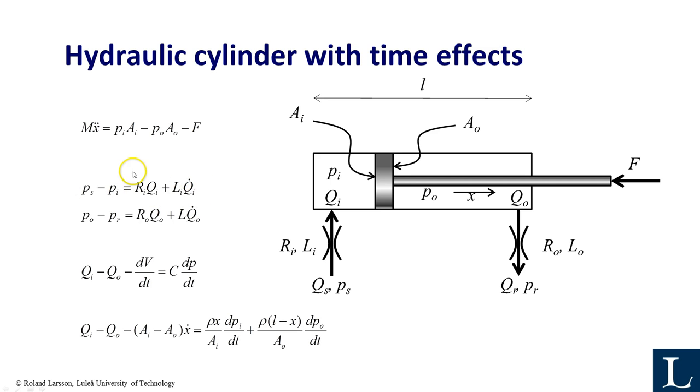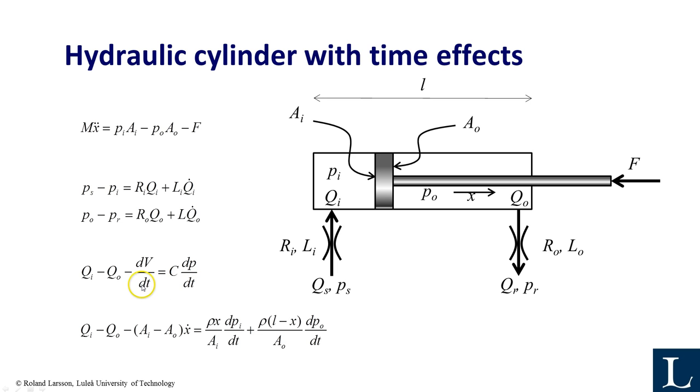The fluid element equations can now be used here. The relationship between the pressure from the system into the inlet chamber is given by this relationship, where Ri and Li are the resistance and inertia of the system before entering the cylinder.